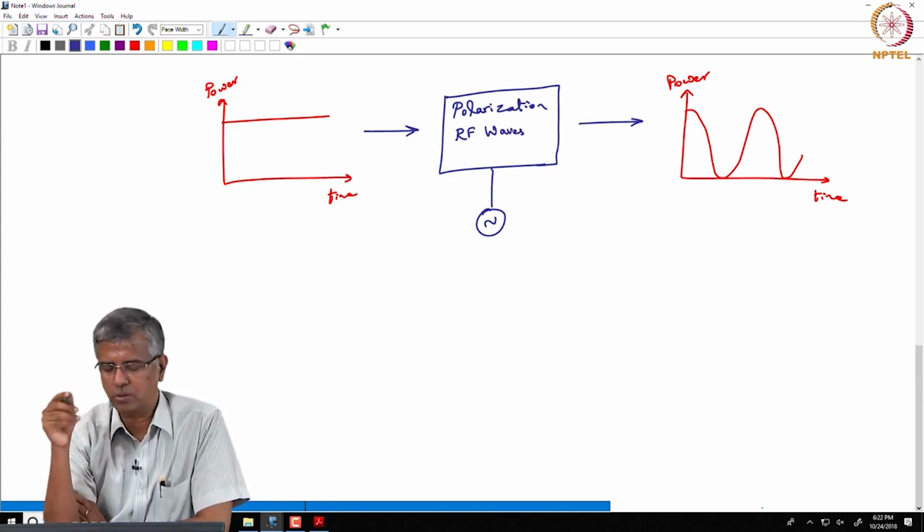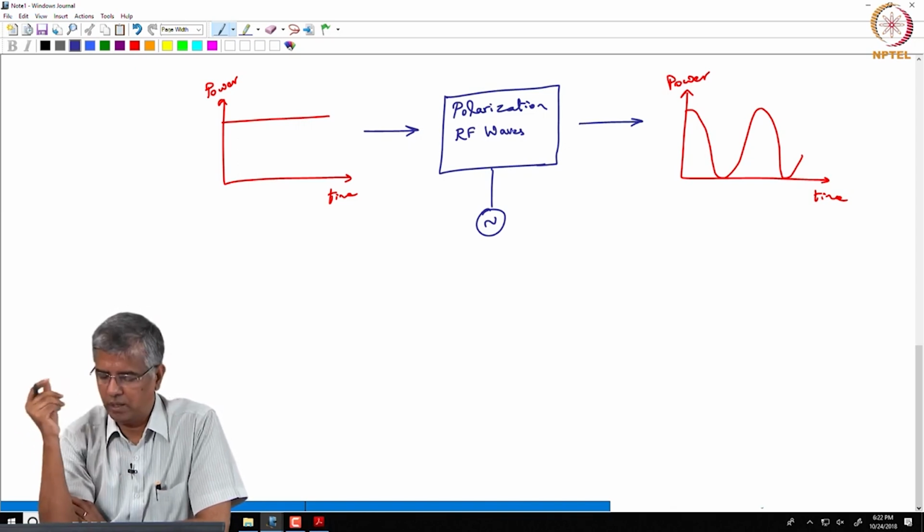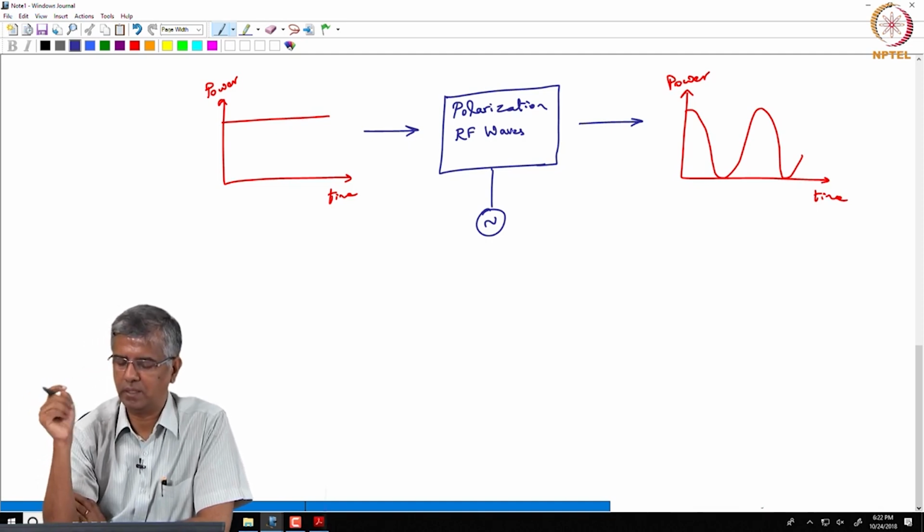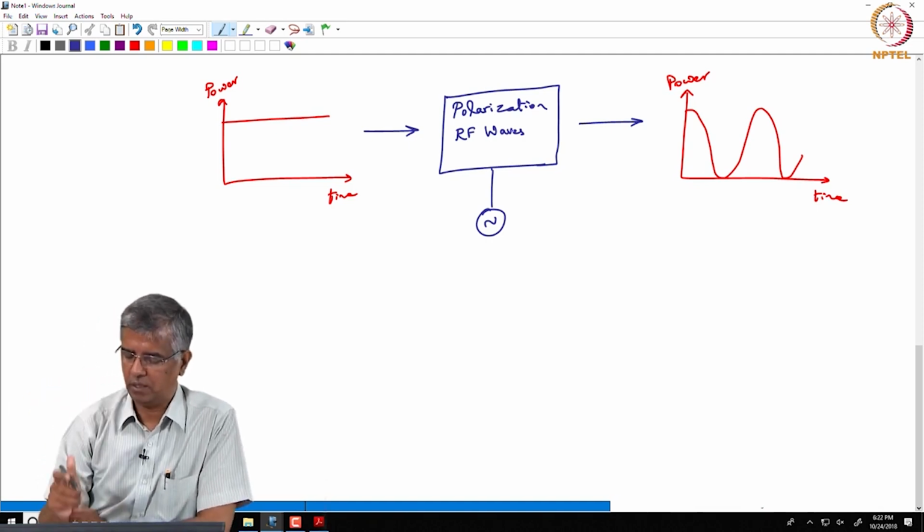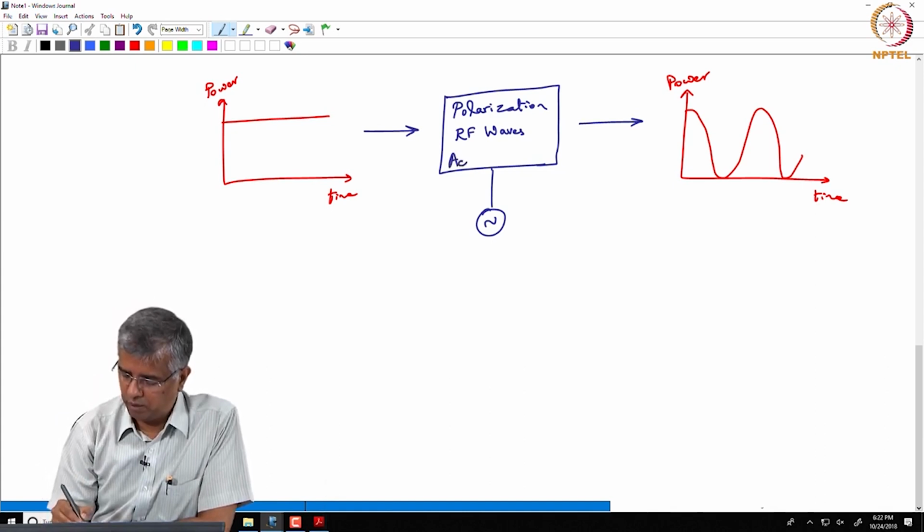You could have radio frequency waves interacting with that light, allowing you to manipulate the property of light, or you could have acoustic waves.